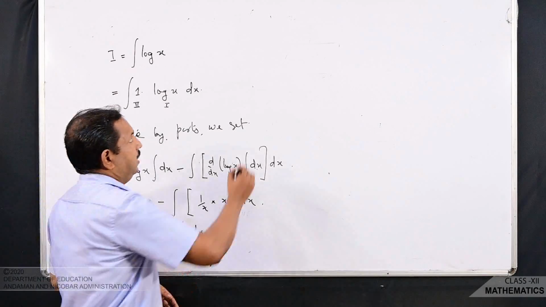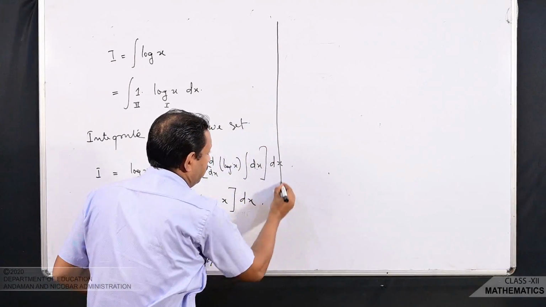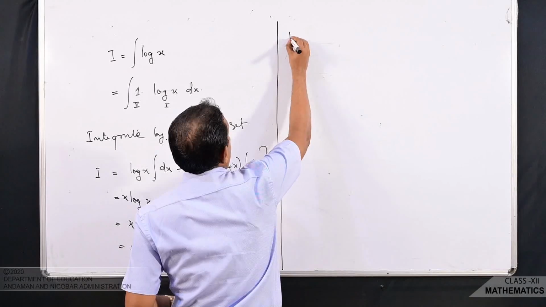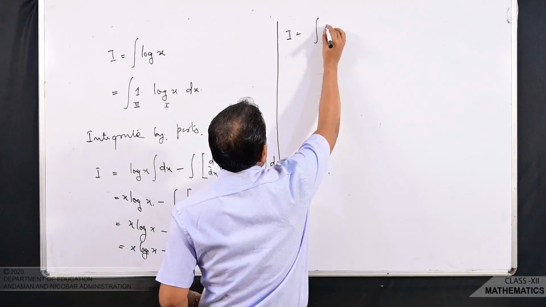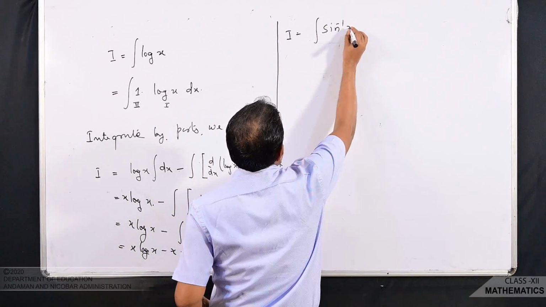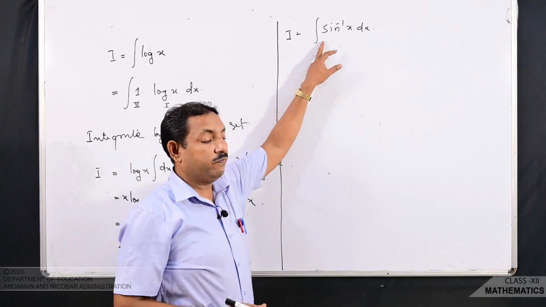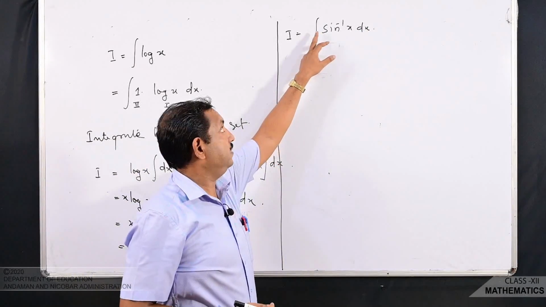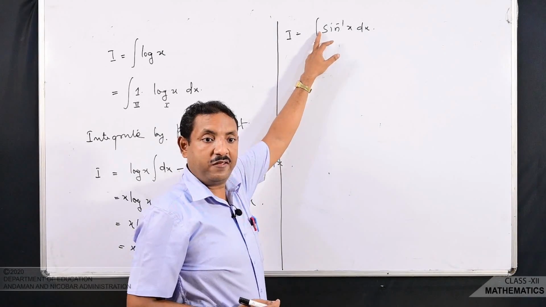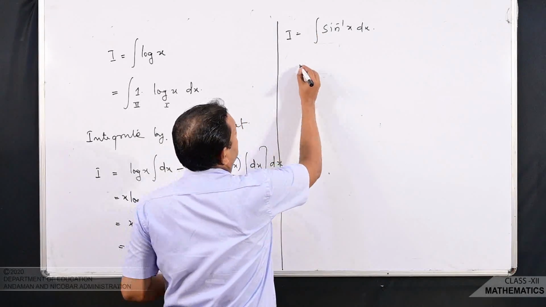Okay, same way you can find the integration of sine inverse x. Let I equal the integral of sine inverse of x dx. Now see, here we have only sine inverse x, which means you can take 1 here as an algebraic constant.